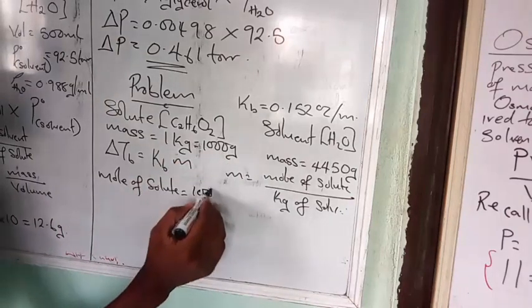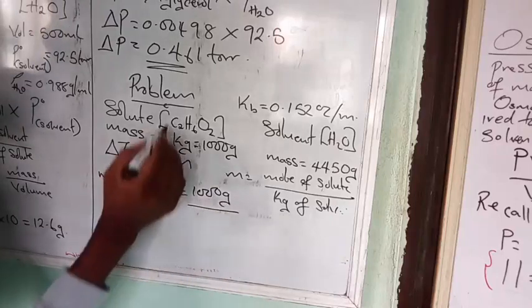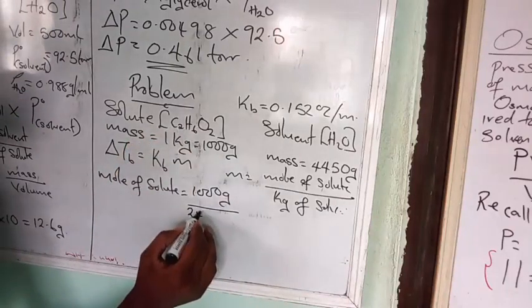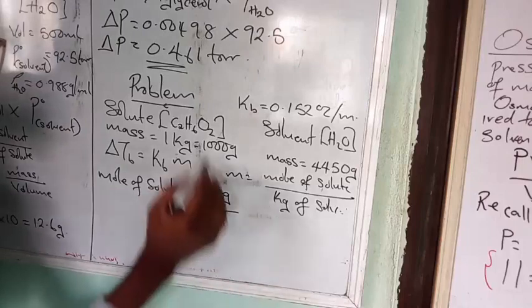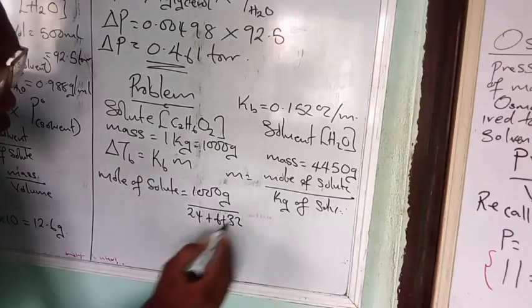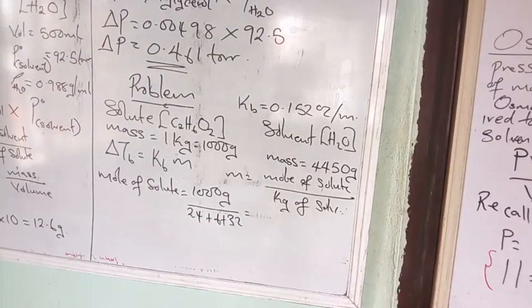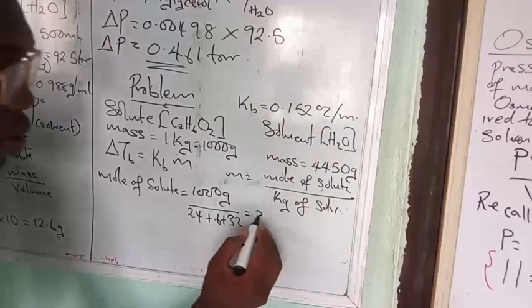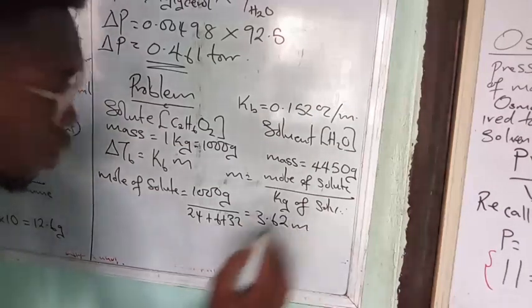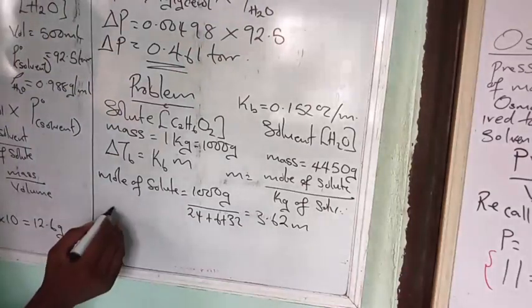Mass is 1000. Molar mass is 12 times 2 plus 6 plus 16 times 2. If you put that into your calculator, you should obtain a value of 16.1 moles.